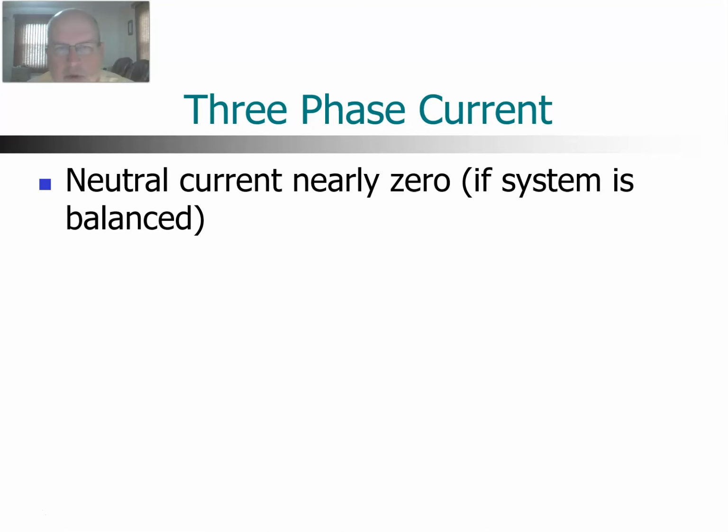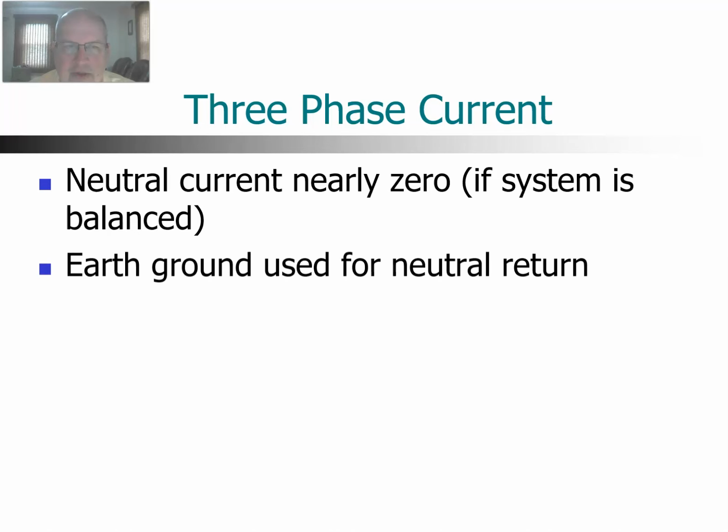And if there is no current in neutral, or nearly no current, then it turns out we really don't even need a neutral conductor. Or if we do have a conductor, it can be a fairly high resistance. So power companies will often use earth ground as a neutral return. That means the ground that you walk on is the neutral return, which will carry 0 current if the system is perfectly balanced.